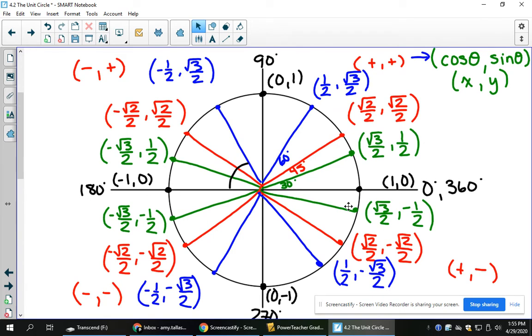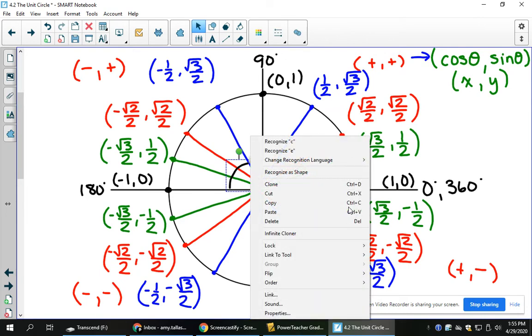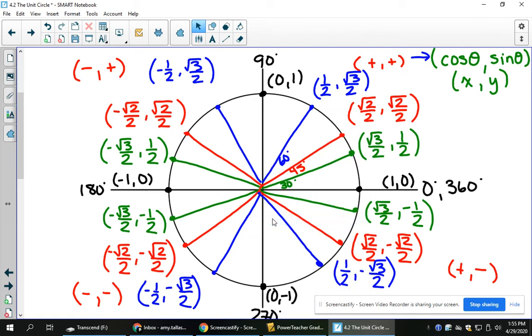So you need to know how to calculate angles in quadrant 2. You're going to go 180 minus the reference angle. So 180 minus 60 gives me this blue line at 120 degrees. Same idea for the red line of 45.